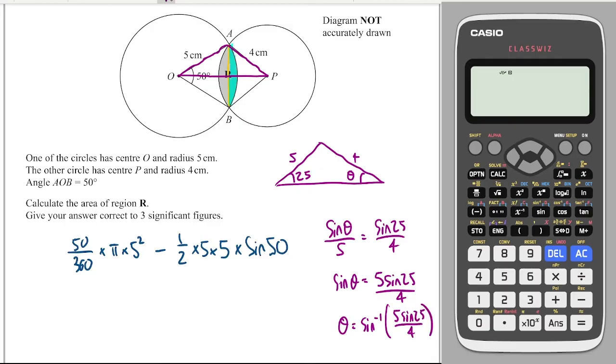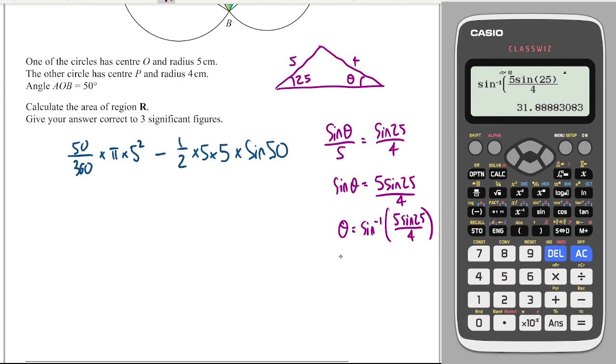Okay, let's work that out. Sine to the minus 1 of 5 sine 25 close bracket over 4 gives me an answer of 31.89. So theta equals 31.89.